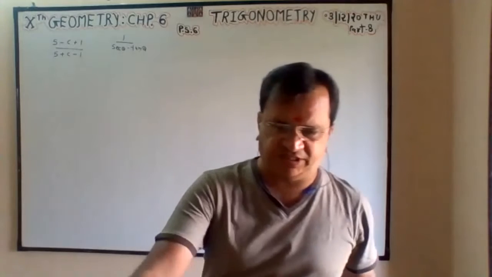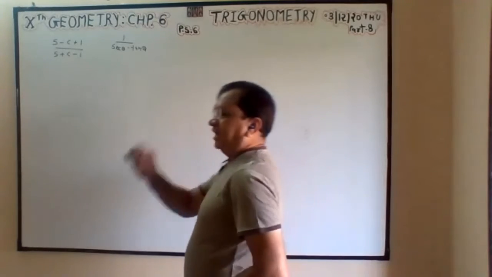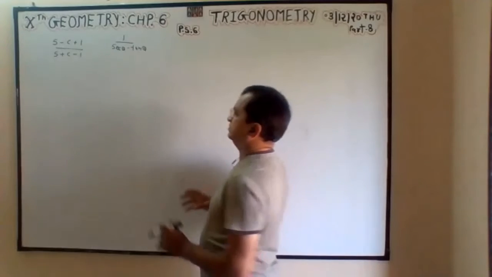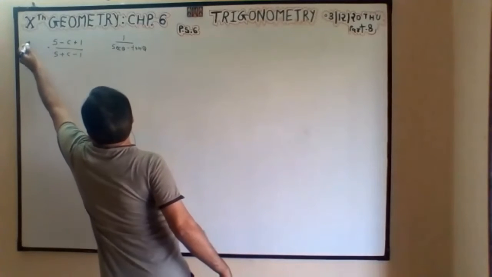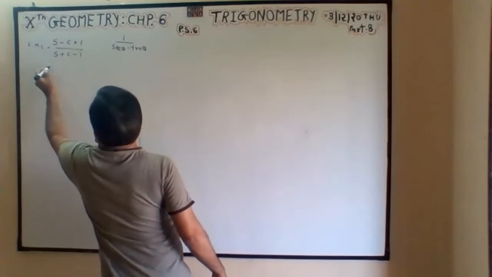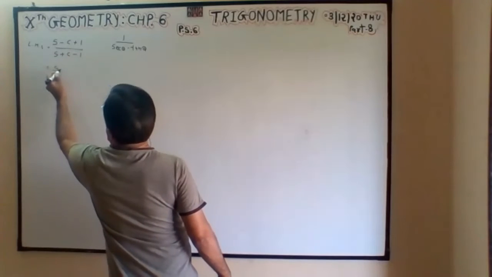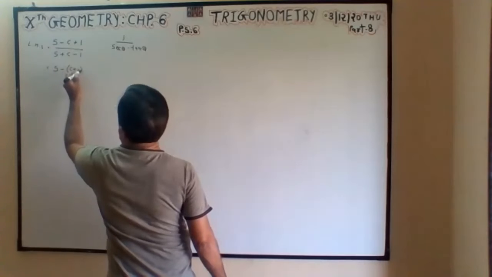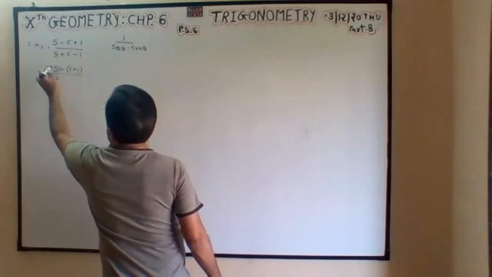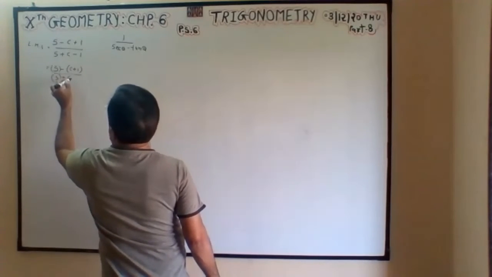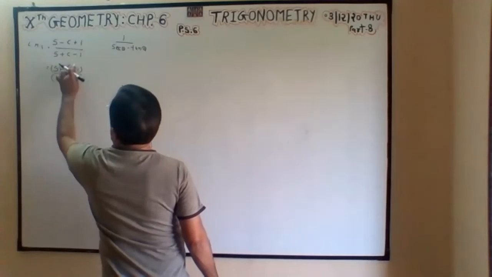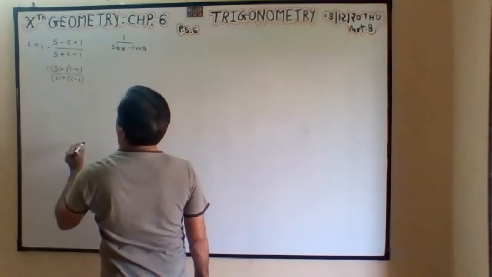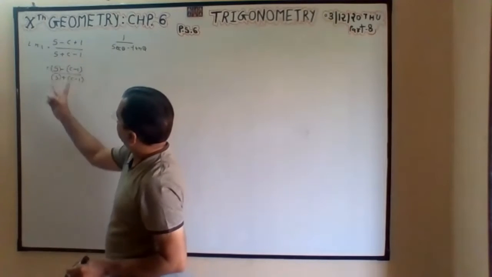I have written left hand side: sin minus cos plus 1 over sin plus cos minus 1. Okay. This is your left hand side. Now, in the numerator I am taking minus common, so S minus C plus 1. This I have separated.